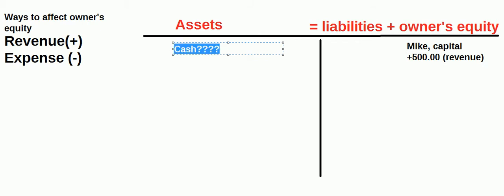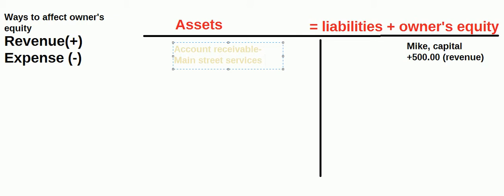And your asset in this case is cash? No, definitely not. You are not receiving cash. You are receiving account receivable, Men's Tree Services.